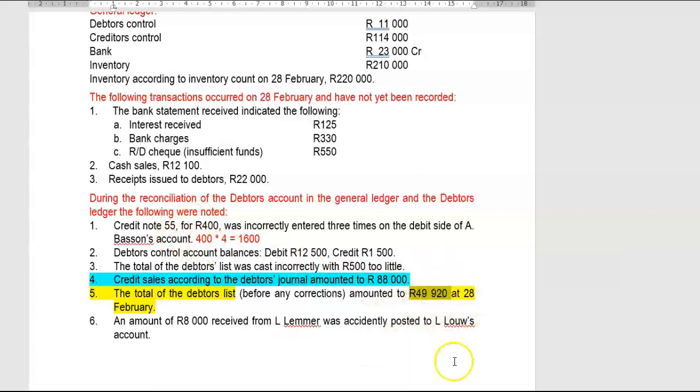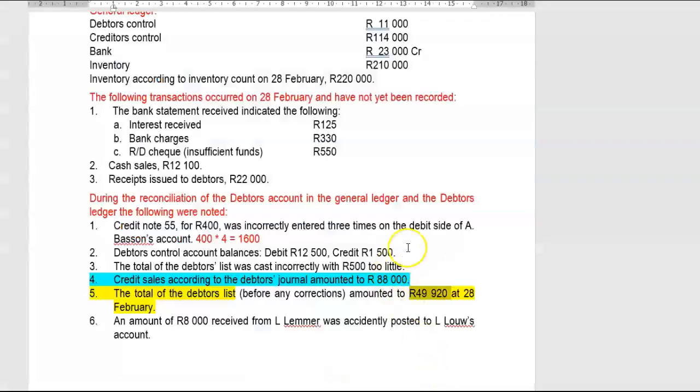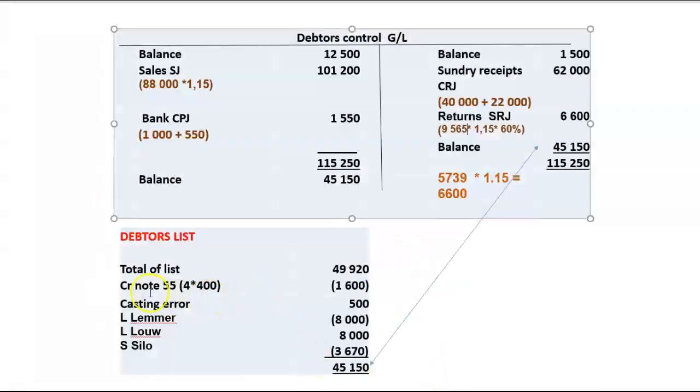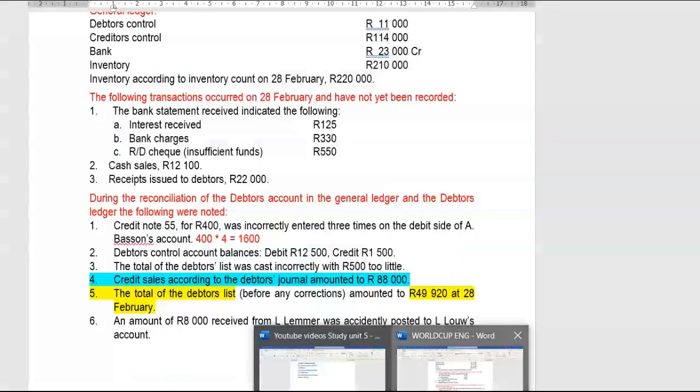So that total of 49,920 will reduce now with 1,600 rand. Let's just see, that was A. Basson. So A. Basson's account would have been credited with 1,600 rand.